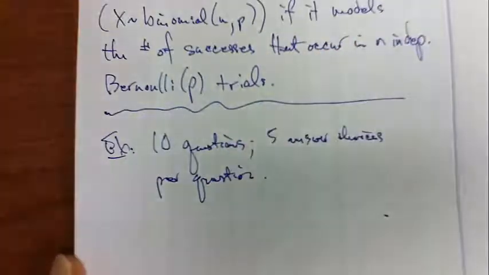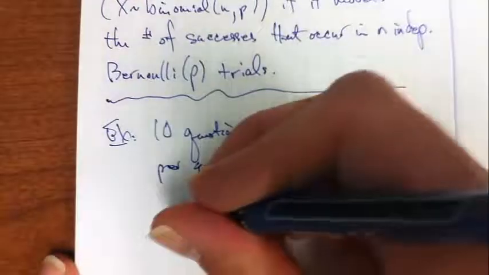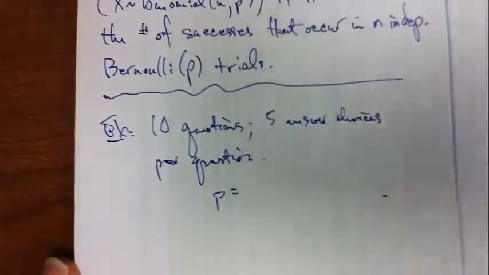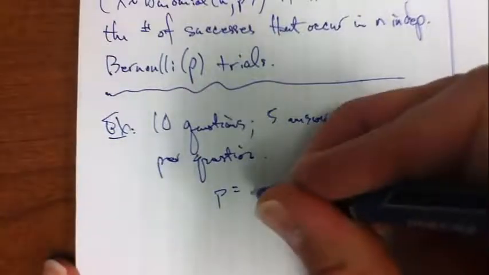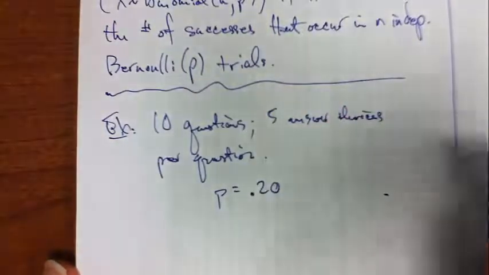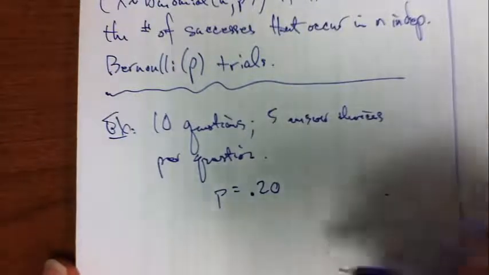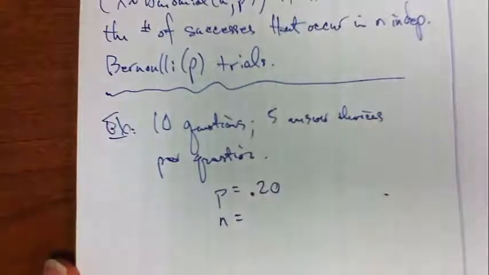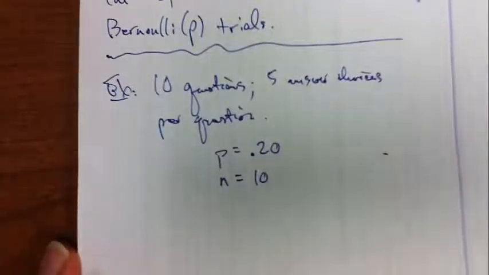So what's the probability that, if you just blindly guess on question number 1, you get it correct? Yeah, it's 20%, right? There are 5 possible answer choices for question number 1. And you're going to do this 10 times. So you have 10 trials there, right?